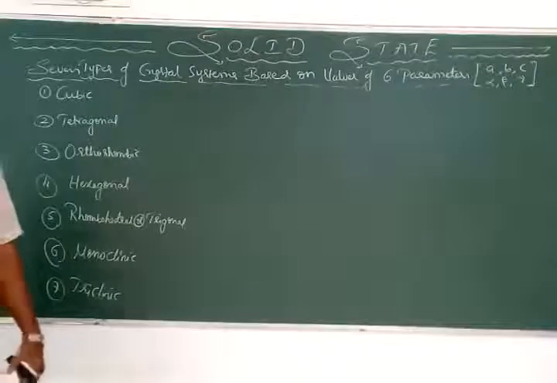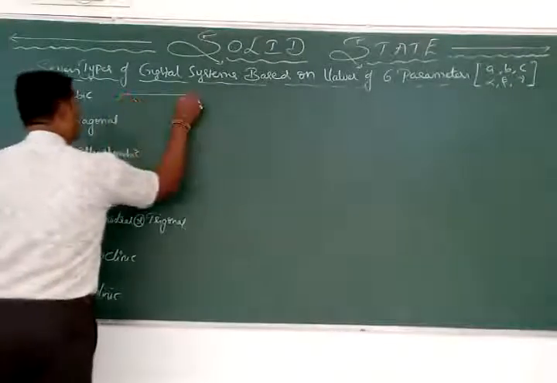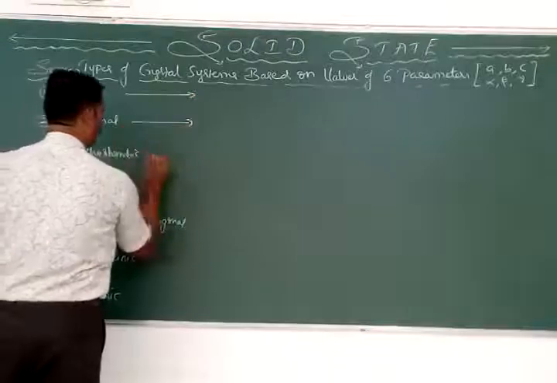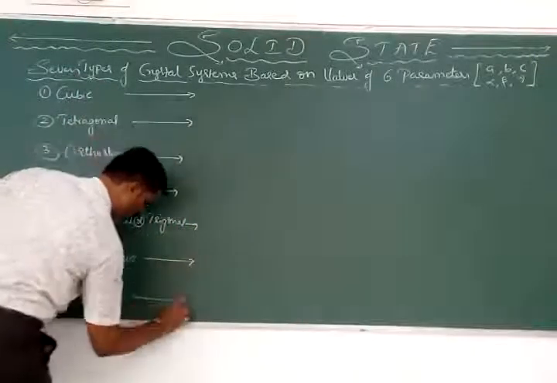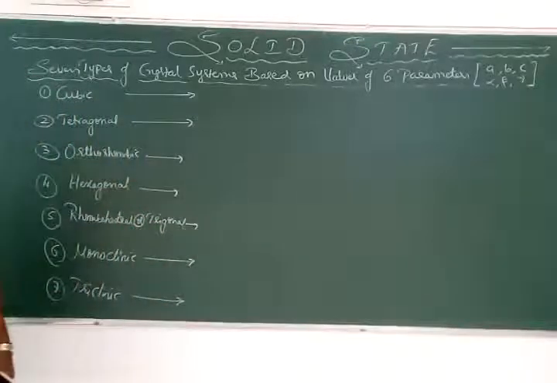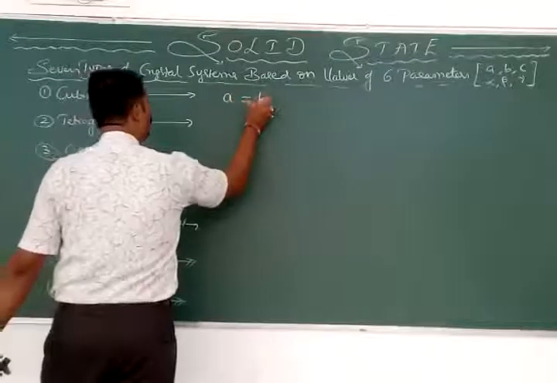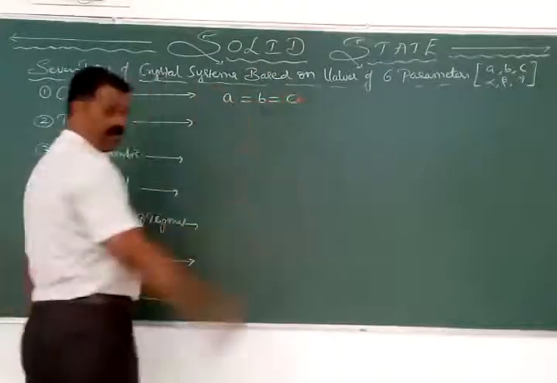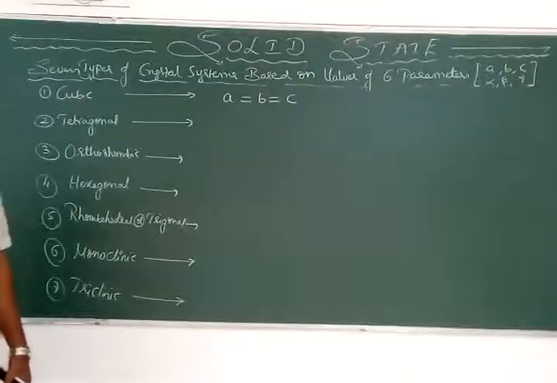Then, what is cubic here? If A is equal to B is equal to C, what's the meaning of that?